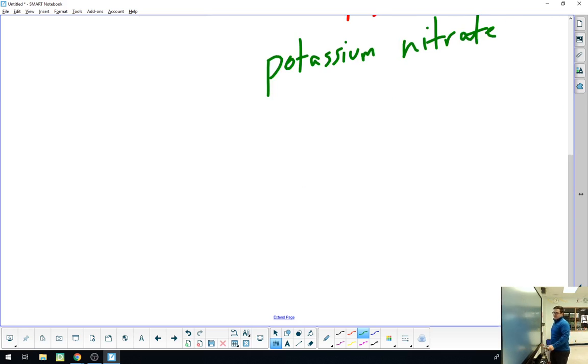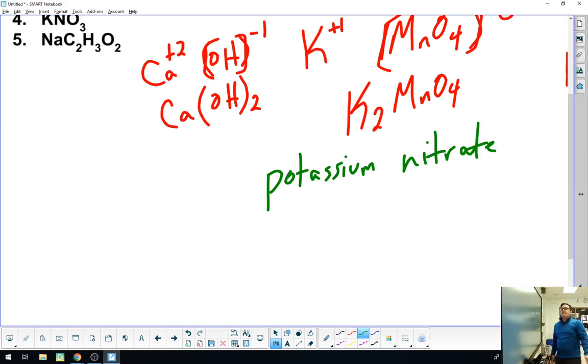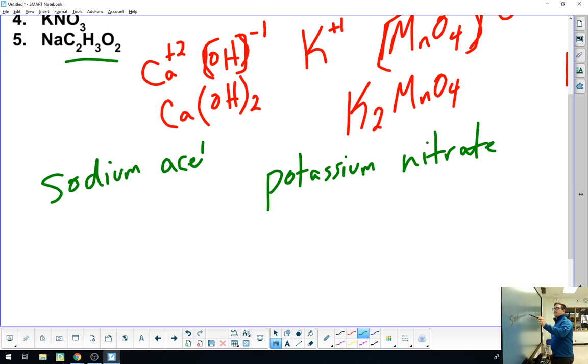We're finding new words we've never seen before. Na is sodium. And then this C2H3O2, we look on our polyatomic list, and it is acetate. And that's number 5, that last one.